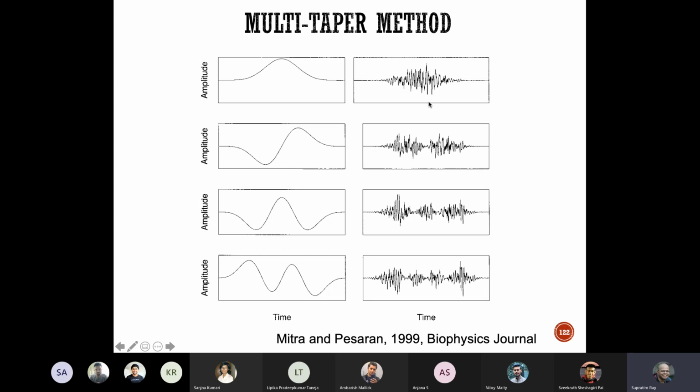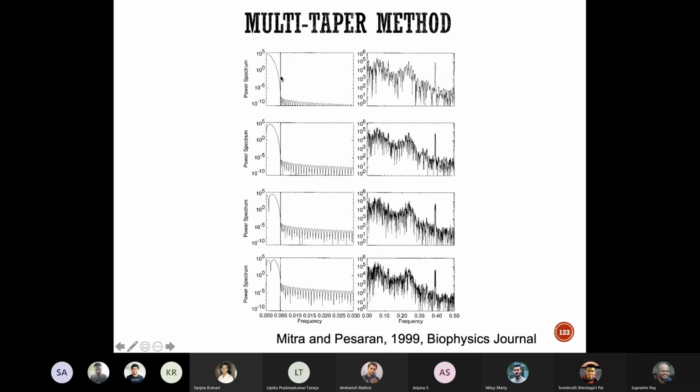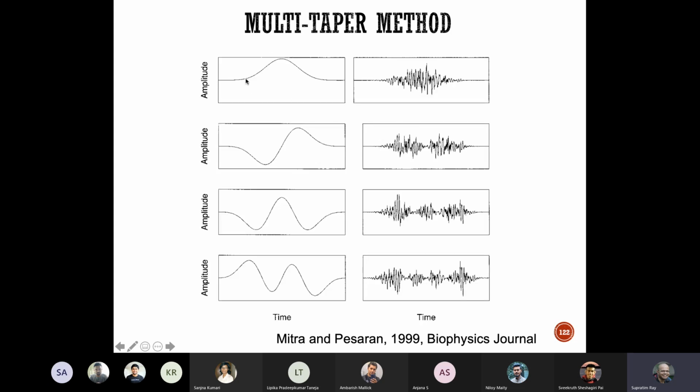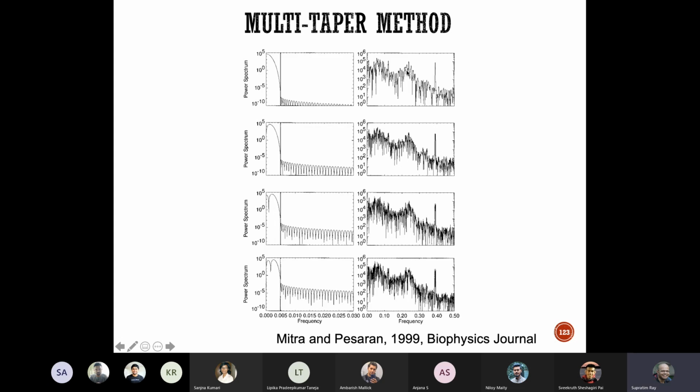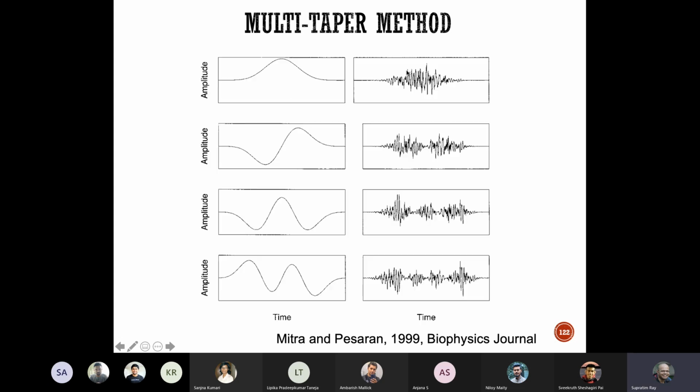Now I can compute the discrete Fourier transform of each of these windowed signals. And this is what it looks like. This is the discrete Fourier transform. This is the power spectrum of the window itself. This is the power spectrum of this window. And this is the power spectrum of the signal multiplied by the window.